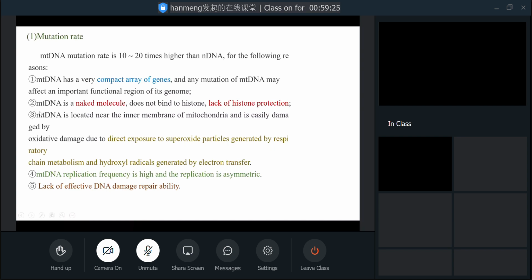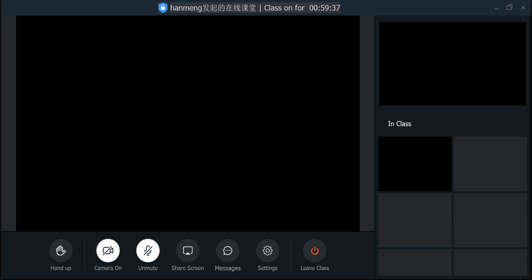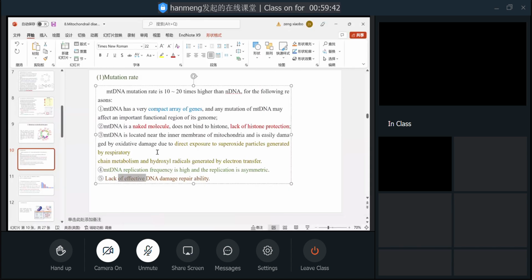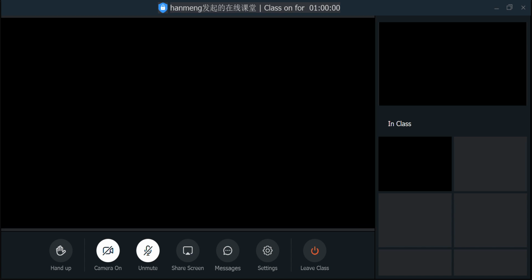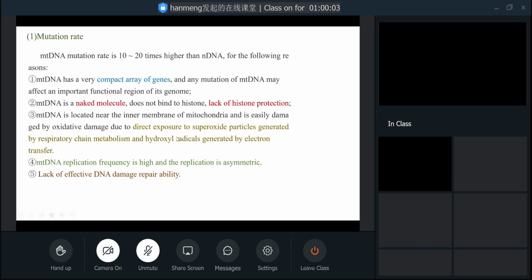And third, the mitochondrial DNA is located near the inner membrane of mitochondria and is easily damaged by oxidative damage due to direct exposure to superoxide particles generated by respiratory chain metabolism and hydroxyl radicals generated by the electron transfer.